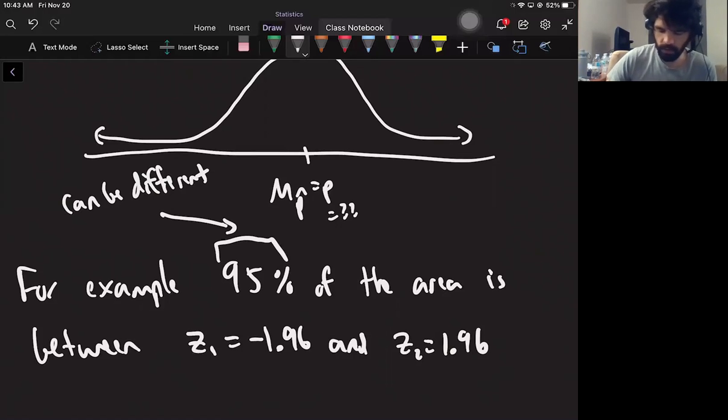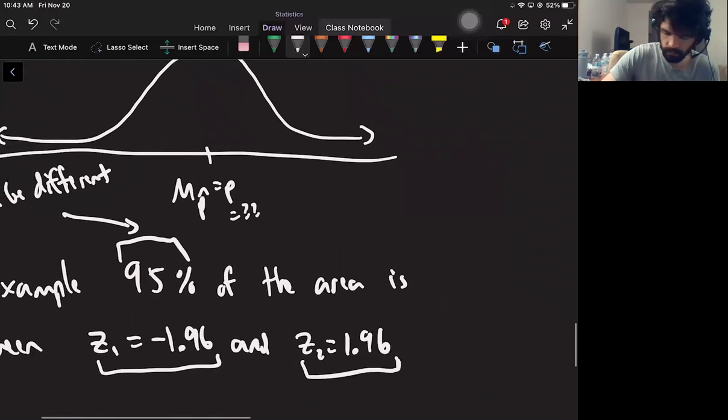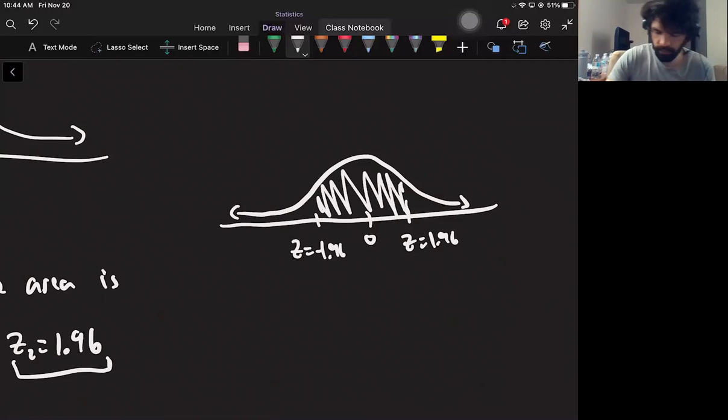But the point is, if you go and look at your little z-score calculator, what's going on is that the area between these two z-scores is 95%.